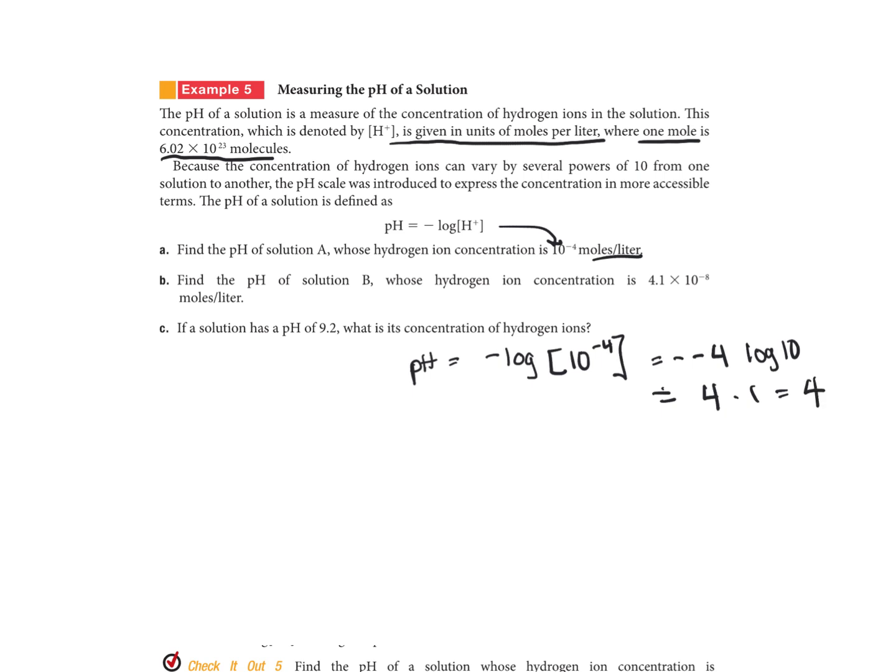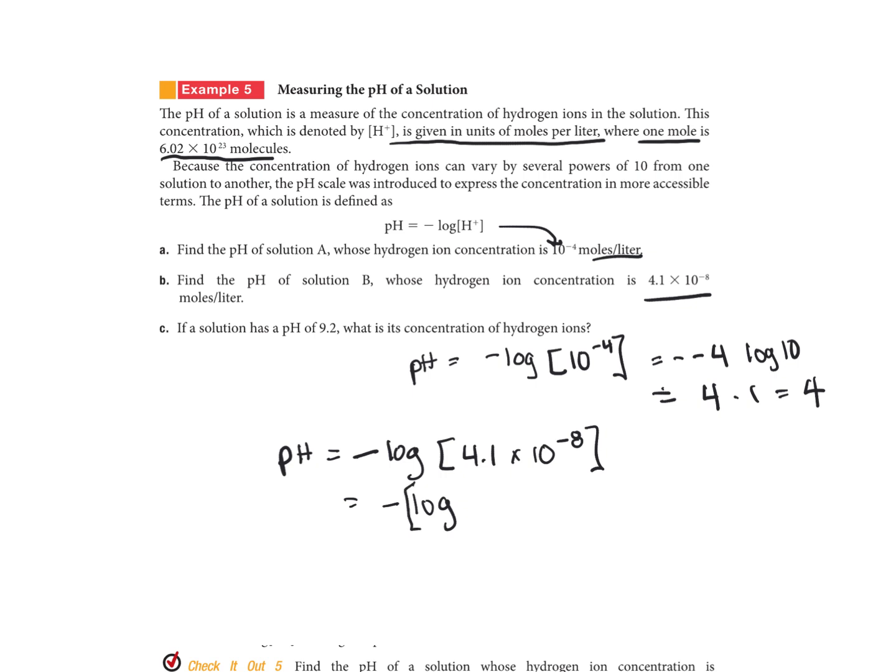Find the pH of solution B, whose hydrogen ion concentration is this, in moles per liter. All right, we're already here. So the pH is equal to negative log of 4.1 times 10 to the negative 8. We can do it this way.